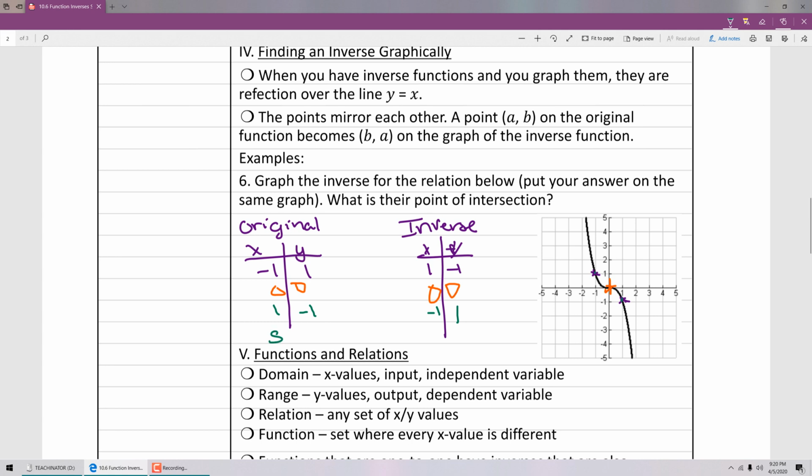So it would be all real numbers. Same line. But what if it wasn't the same line? The points of intersection would be the ones that are the same ordered pair. Like, for example, 3, 3, or 2, 2, or 1, 1. Okay.